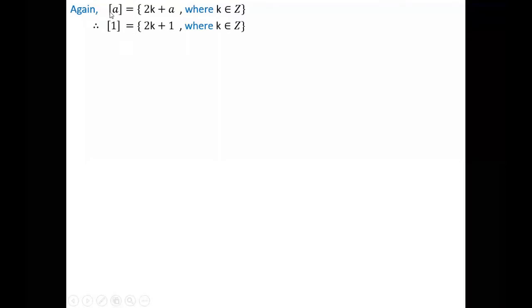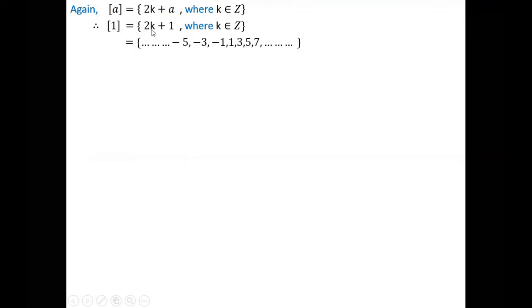Now let us find the equivalence class of the element 1. We have already learned the equivalence class of the element a is 2k plus a. So in place of a, I am putting 1: 2k plus 1. Now just put k equals 0, we have 1. Now k equals minus 1, then minus 2 plus 1, minus 1.